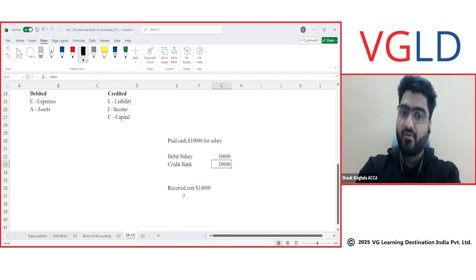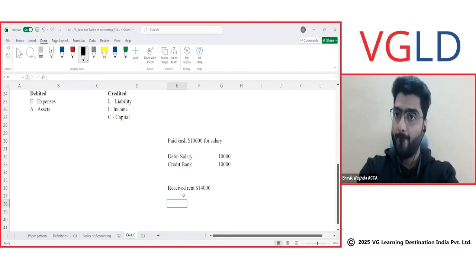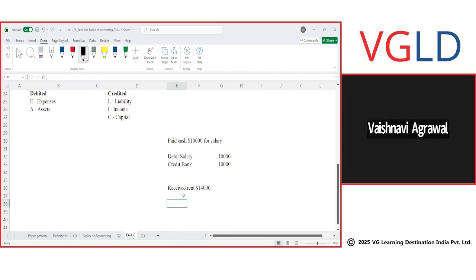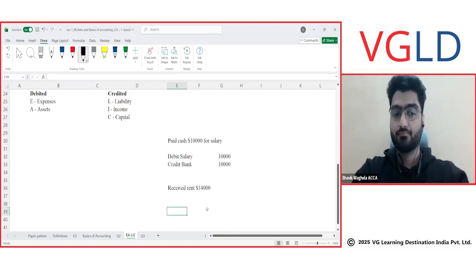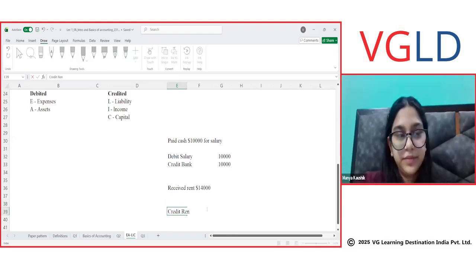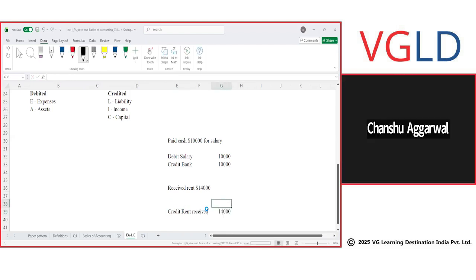Second, received rent $14,000. Firstly, you received rent. Is rent received an income or an expense? Income. So to record an income, what should be done? Credit the income. Credit rent received, how much? 14,000.